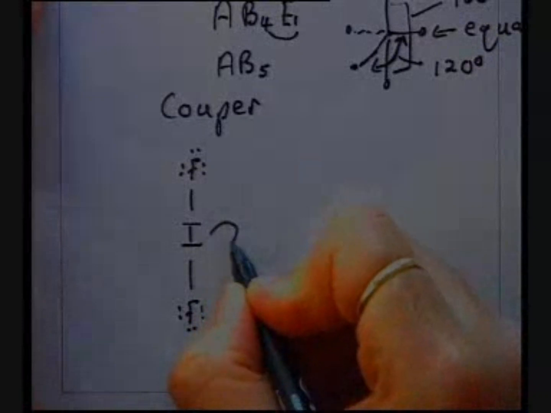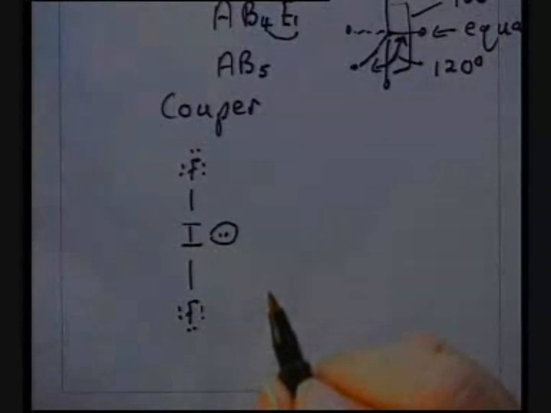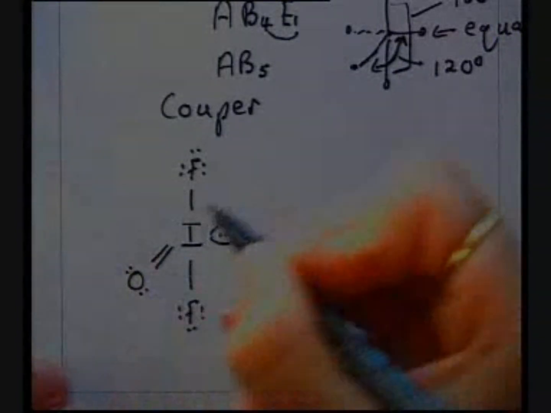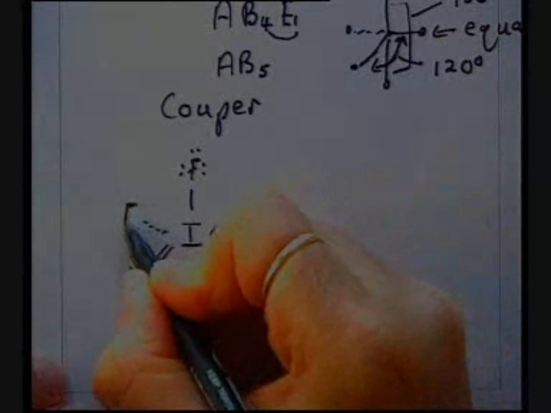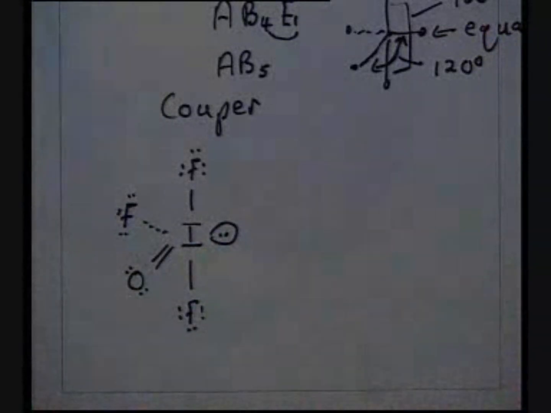The lone pair will be placed in the equatorial position, and we've got a double bond oxygen and the single bond fluorine. We predict a distortion in the molecule, and we predict that the bond angle will be smaller than 120 degrees.